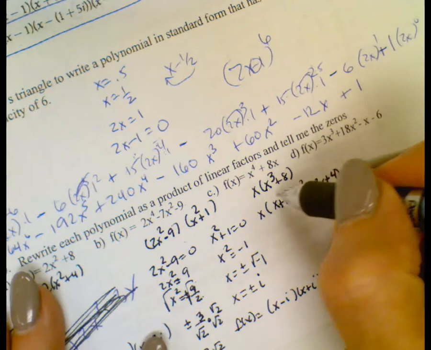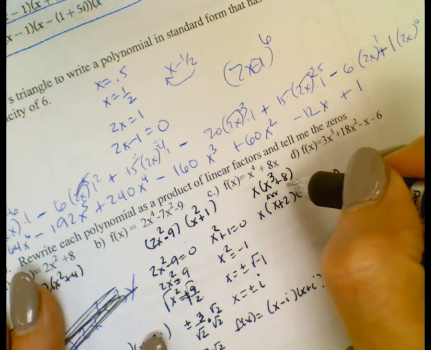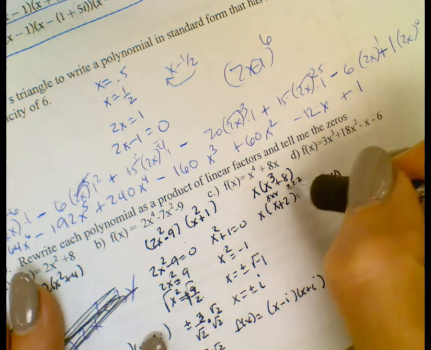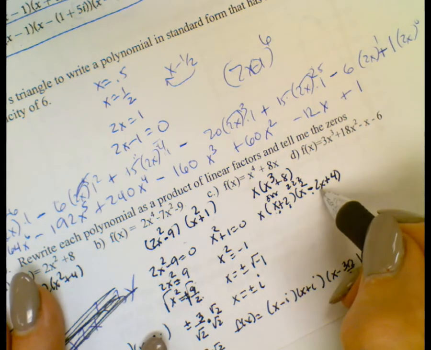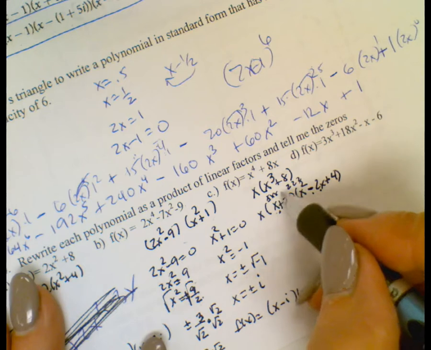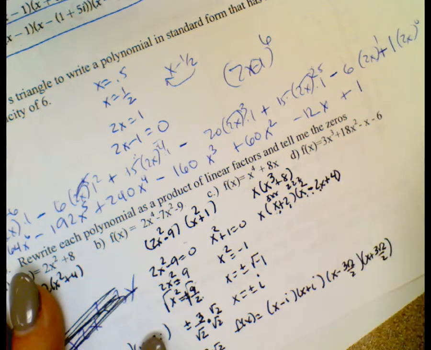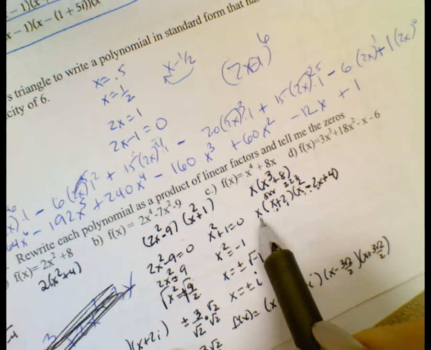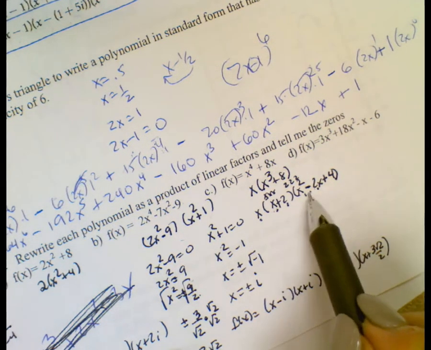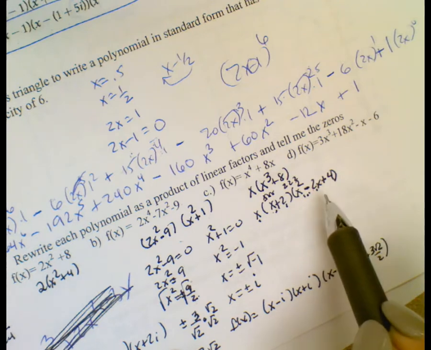So x cubed is xxx, and 8 is 222. Take one of each of them and put it here and here. Multiply those to get the middle term, and then there'll be 2 x's left, they go here, and 2 2's left, they go here. So these are the factors, but this is not linear factors. This is a linear factor, and this is a linear factor, but this is a quadratic factor.